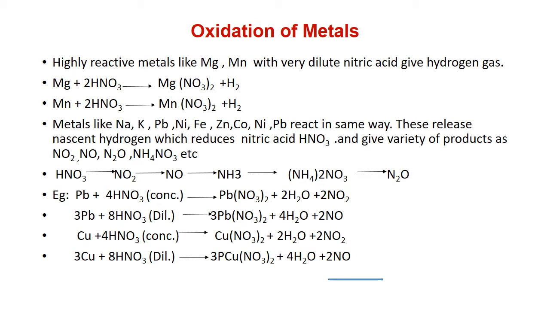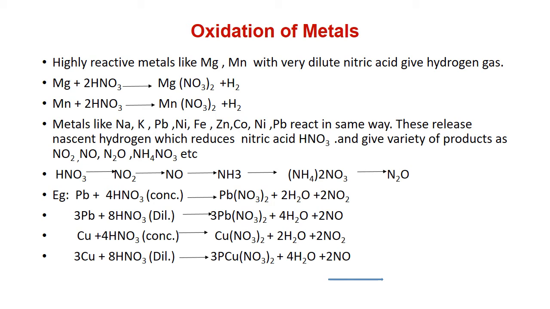Now, first of all, the oxidation of metals. Different metals react with nitric acid differently, and nitric acid at different concentrations also reacts differently. Highly reactive metals like magnesium and manganese react with very dilute nitric acid and give hydrogen gas.